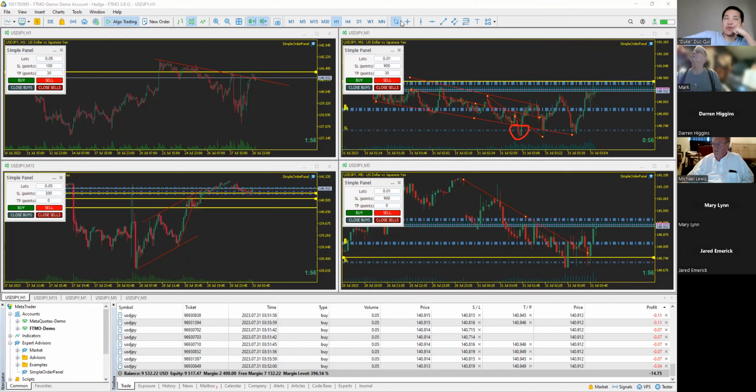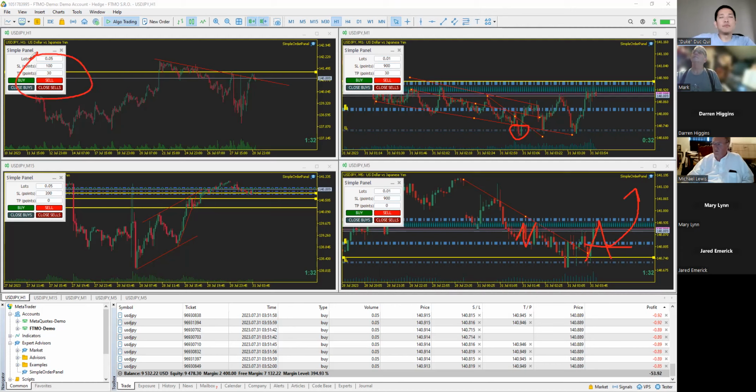Now it's back in a 10 pip range, though. Yeah, but you got a 1, 2, 3. All in the 10 pip range. If you don't see it, 1, 2, 3, you got a W here. So it should come down like this and up. Maybe when I was trying to tighten, this is hard.